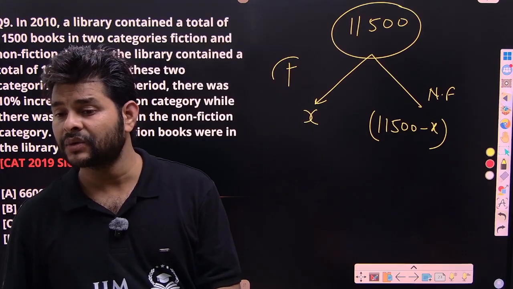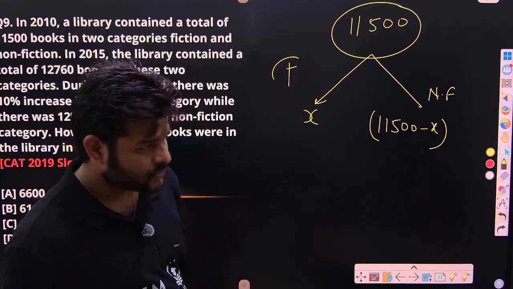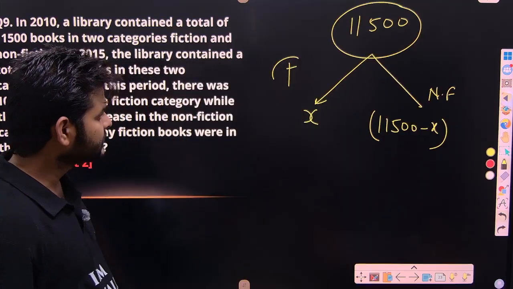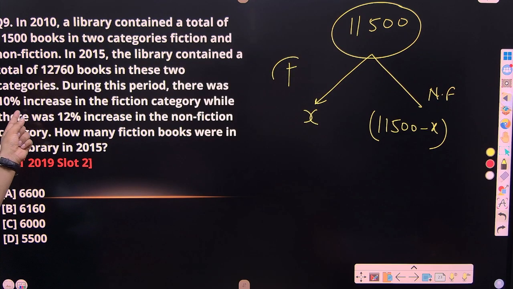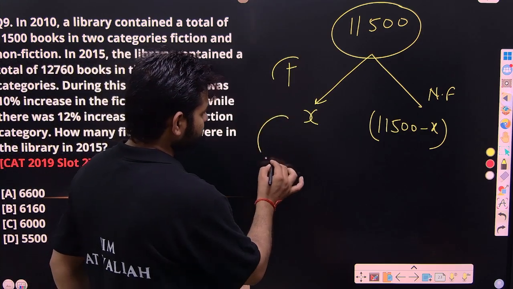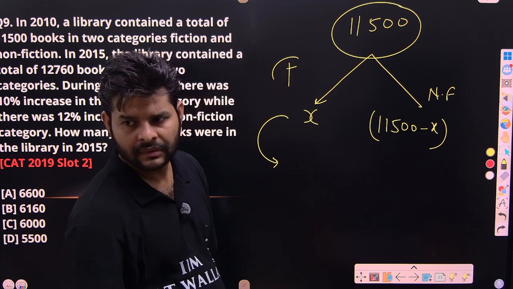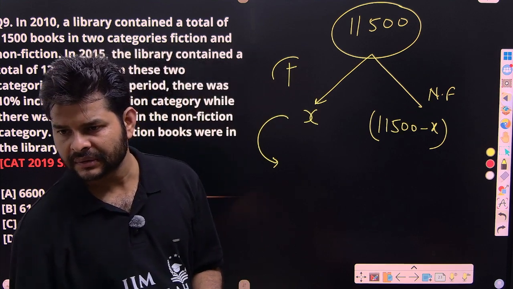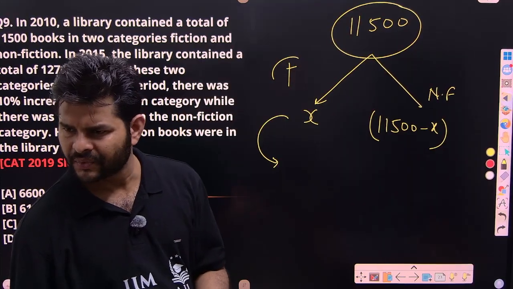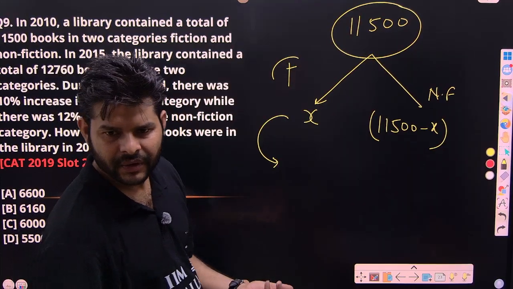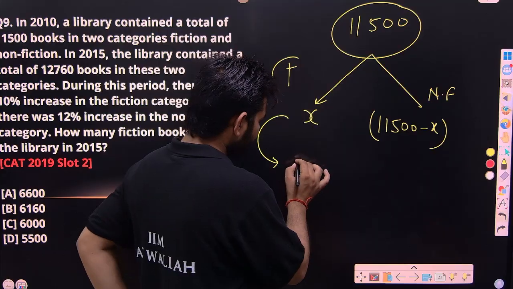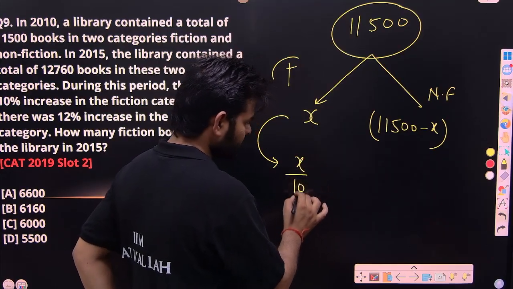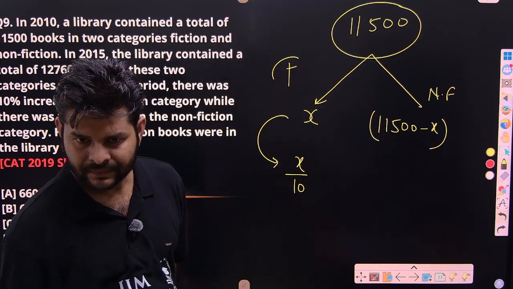What happens in 2015? The question is saying 10% increase in fictional books. So what would be the 10% of this? Just X upon 10? What is the value of 10%? 1 by 10. So 1 by 10 of X, this is the 10% of X. Got it?